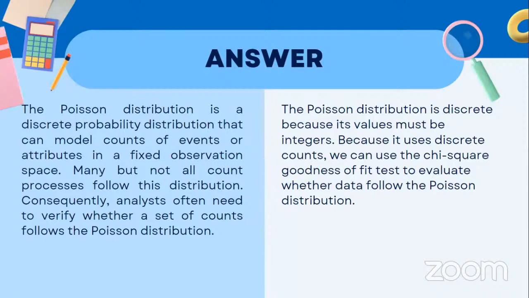Consequently, analysts often need to verify whether a set of counts follows the Poisson distribution. The Poisson distribution is discrete because its values must be integers. Because it uses discrete counts, we can use the chi-square goodness of fit test to evaluate whether data follow the Poisson distribution.